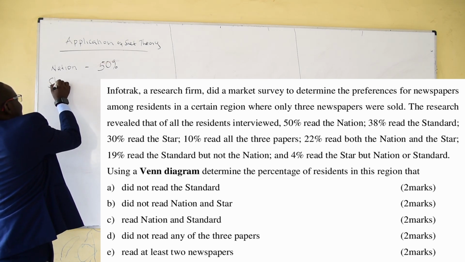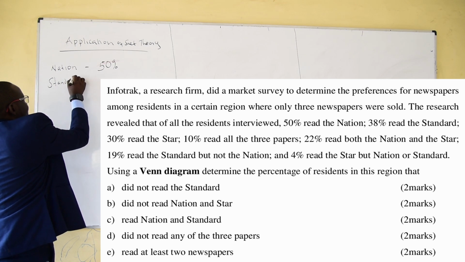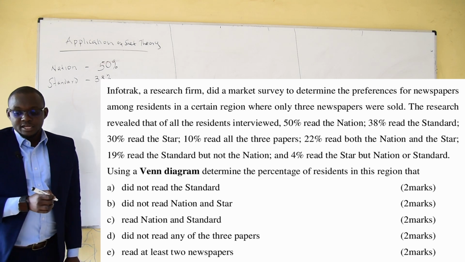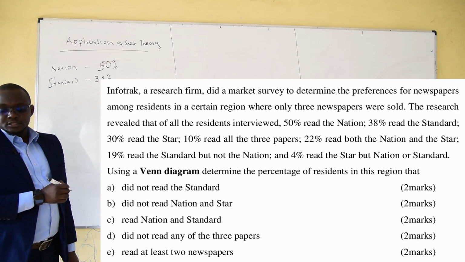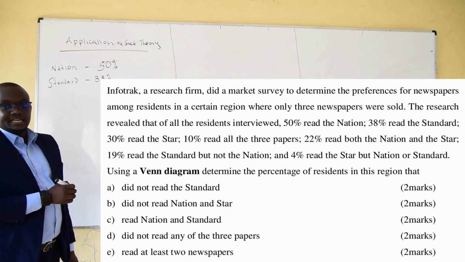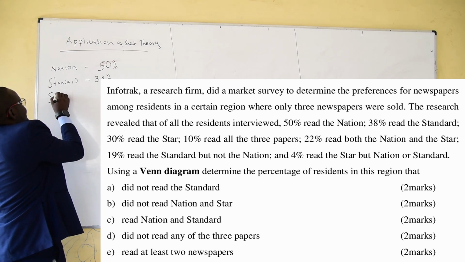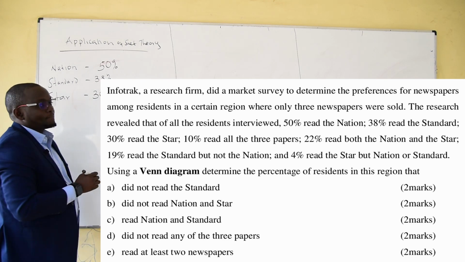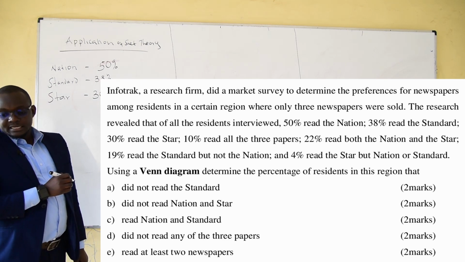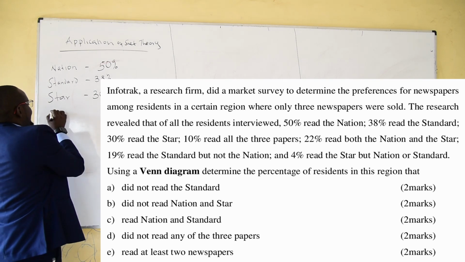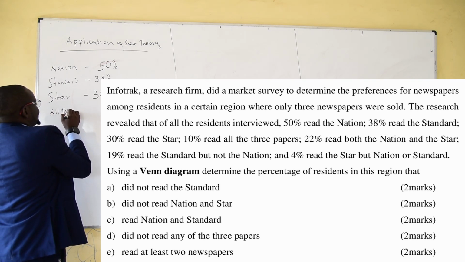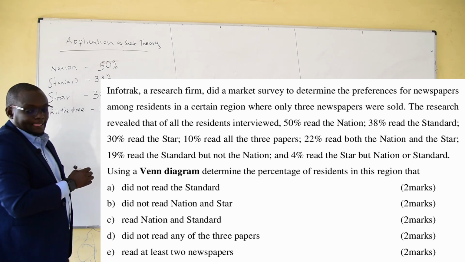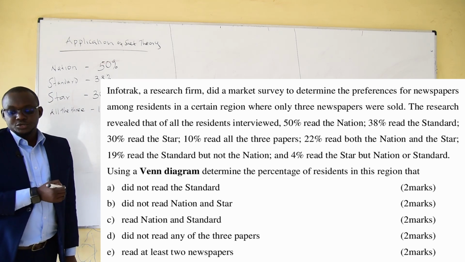Then 30% read the Star. Then we are also told that 10% read all 3 newspapers. This is 10%.